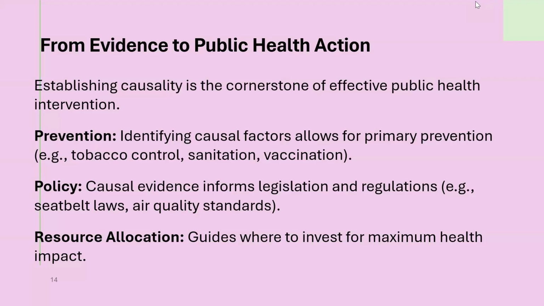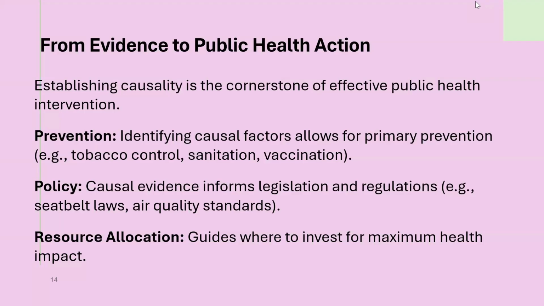The next is policy. Causal evidence can inform legislations and regulations. The most common one we've seen is the use of seat belts. Laws institutionalizing the use of seat belts have been used to help prevent accidents, and air quality standards are also another way to prevent diseases that are respiratory in origin.